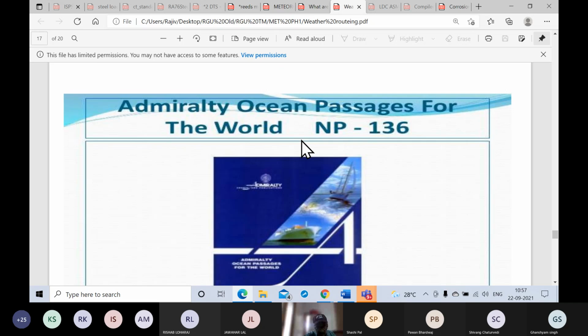Again, a book extensively used. I don't know how far it is used now, but some time back it was a very important book in hard copy. Now, of course, it may be available for consultation directly, interfaced with the ECDIS maybe. I am not really aware, but it was a very important book used extensively.